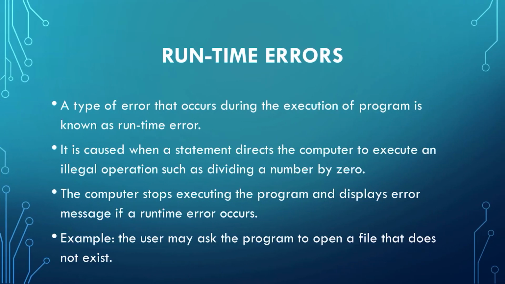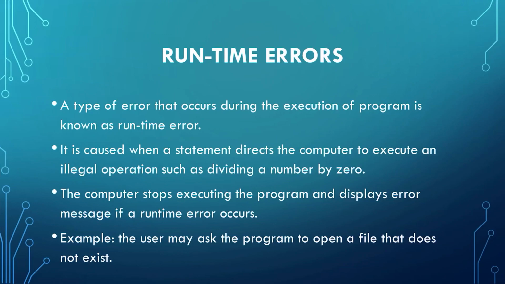And lastly, we have runtime errors. A type of error that occurs during the execution of the program is known as a runtime error. Now, a runtime error is actually caused when a statement directs the computer to execute an illegal operation. Now, what can be an illegal operation?